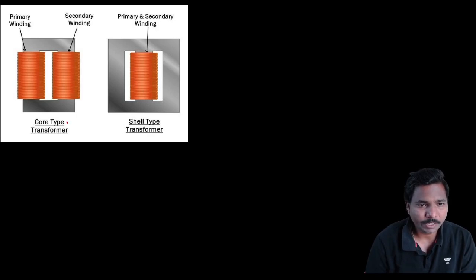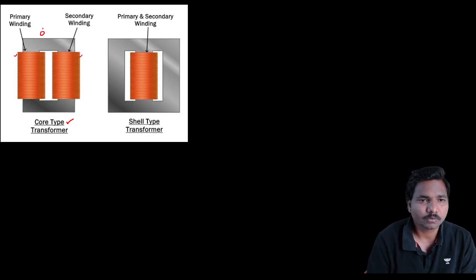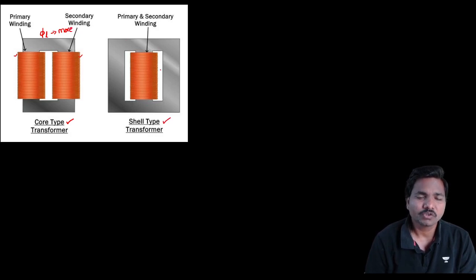In the core type transformer, this is one winding and this is the other winding, so there is a gap between these two and the leakage flux is more. But in the shell type transformer, one winding is upon the other, so there is very little air gap. Less air gap means less leakage flux.